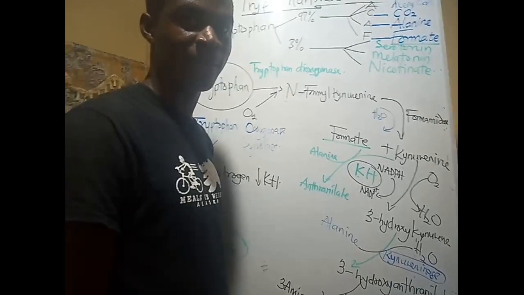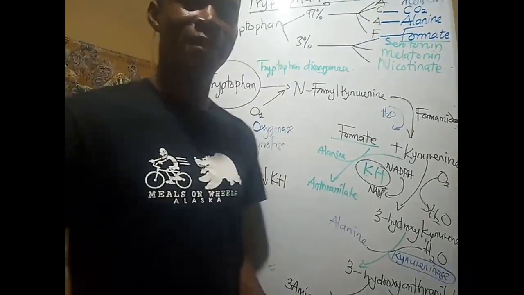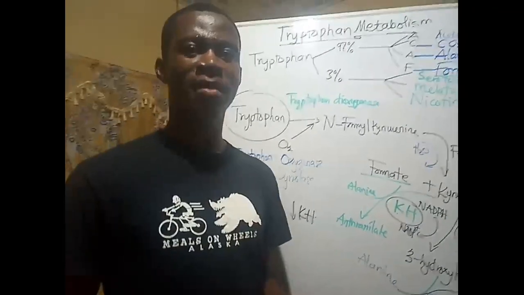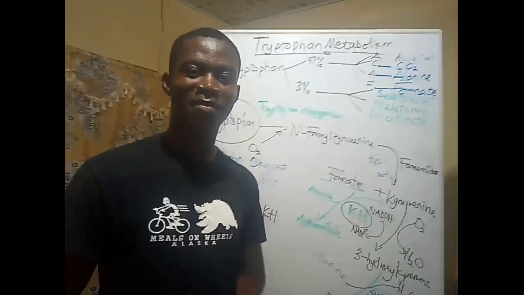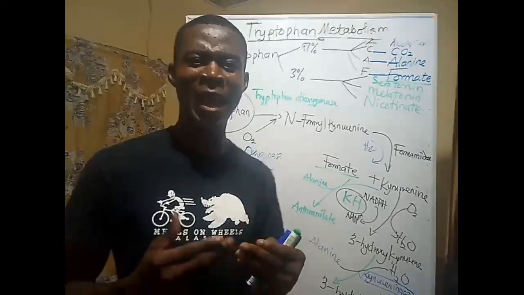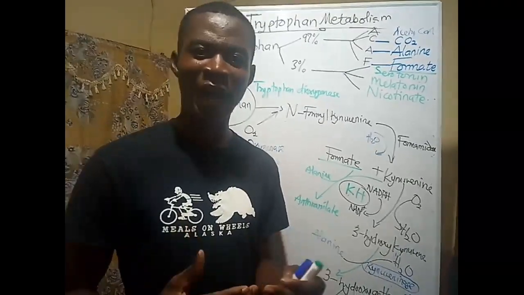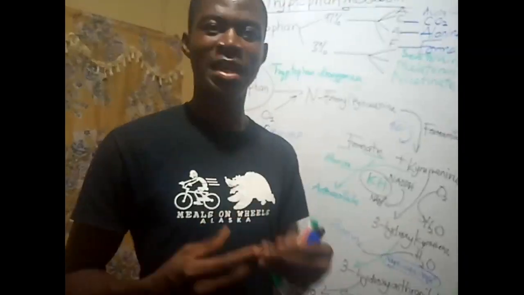Is that okay? Good. Now, tryptophan as an amino acid can cross the blood-brain barrier to get to the brain and be metabolized there. But it appears that sometimes when you take heavy foods of carbohydrates or proteins, it induces some effects.